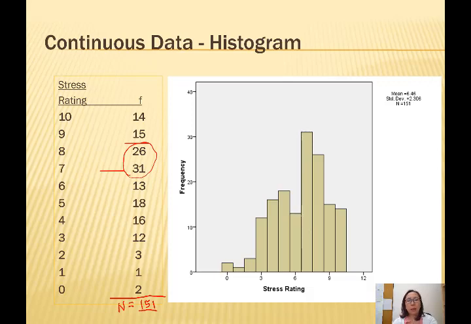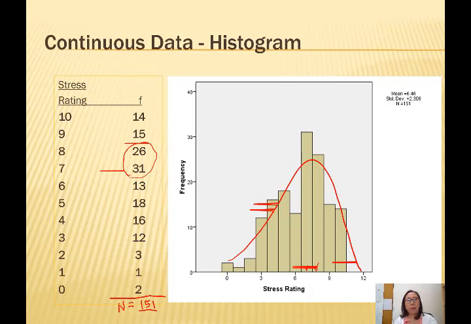And when you see how the stress rating going from 0 to 10, from left to right, is listed here, and how the frequencies look in a picture, you kind of see the stress rating 7 and 8 kind of here, right? That's where most people are. Kind of see a pattern like this. So this is known as the histogram.